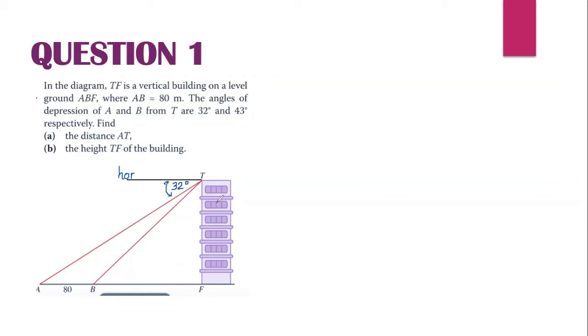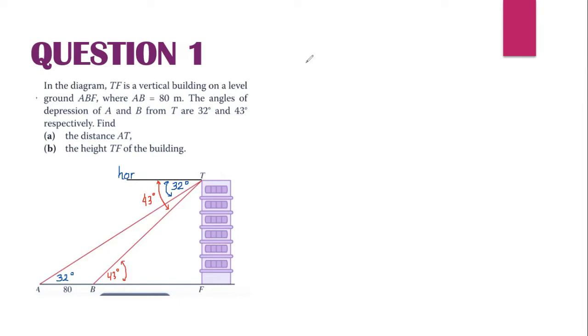Is it clear to you? So it means if we don't denote here as 32 degrees, automatically here is 32 degrees. Next, the angle of depression of B from T is 43 degrees, this one, which means here is 43 degrees.